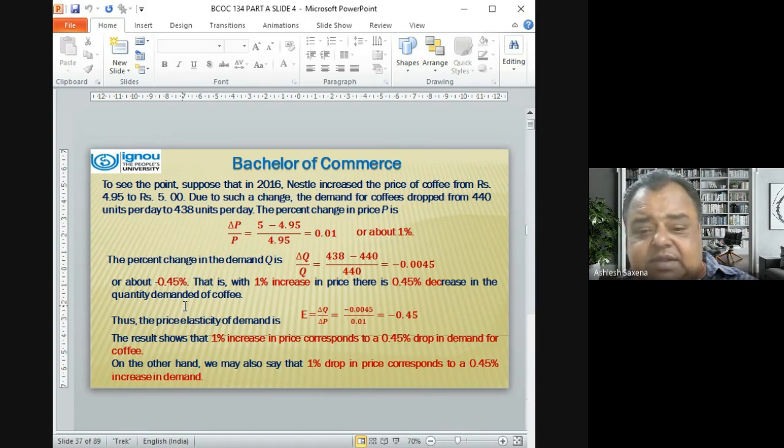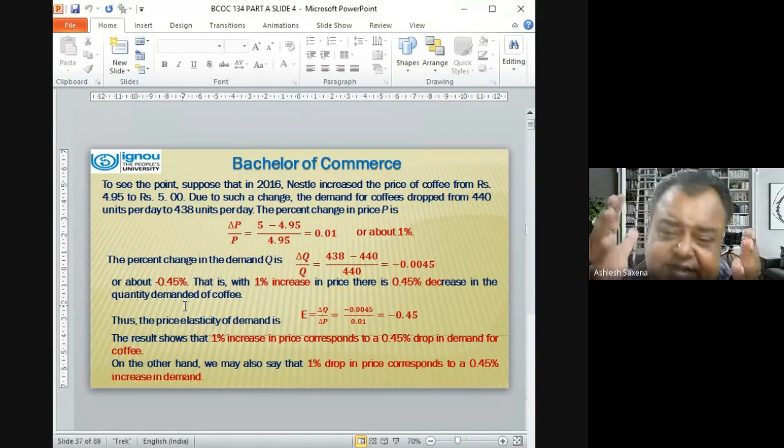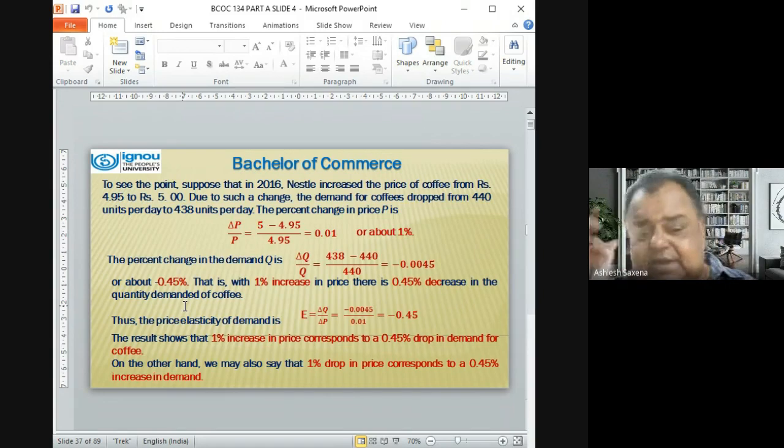This means that a 1% increase in price corresponds to a 0.45% drop in demand for coffee. Or in other words, a 1% drop in price corresponds to a 0.45% increase in demand. This is the mathematical interpretation of the problem.